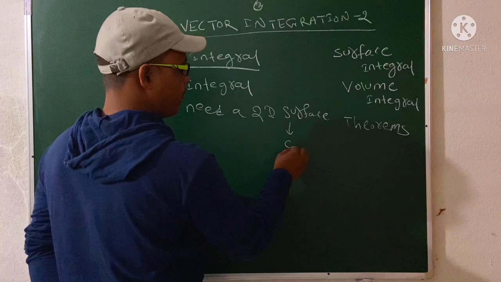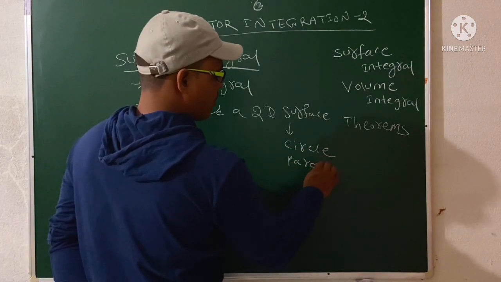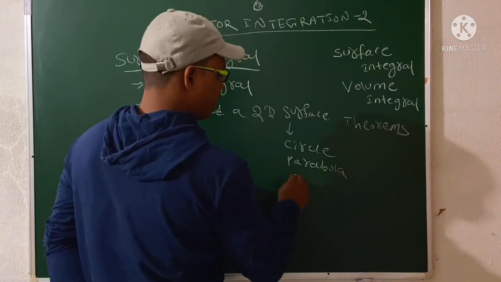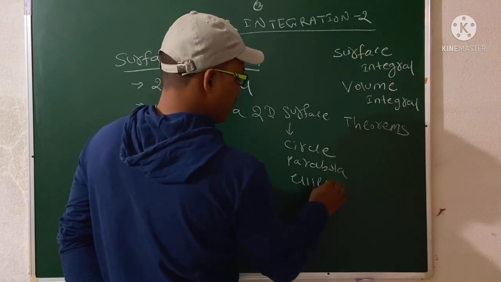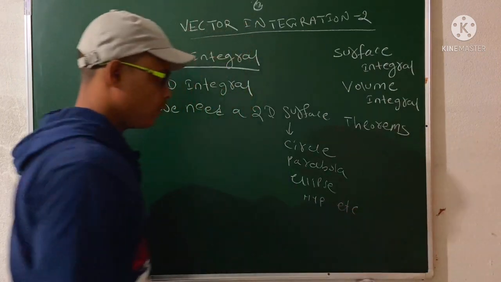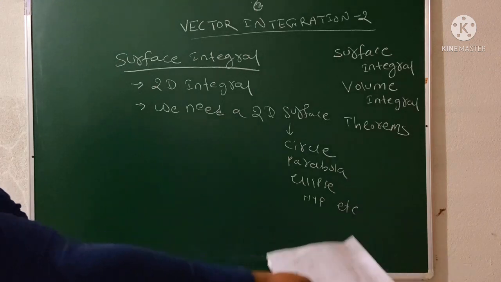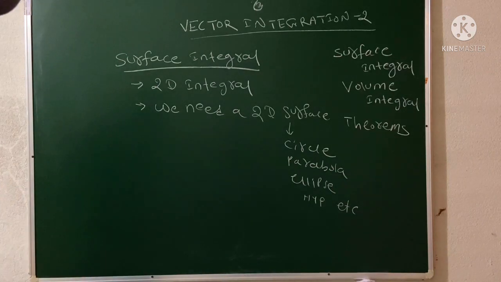That 2D surface may be a circle, a parabola, an ellipse, a hyperbola, etc. Okay, so we will integrate the vector field or the scalar field over these surfaces.